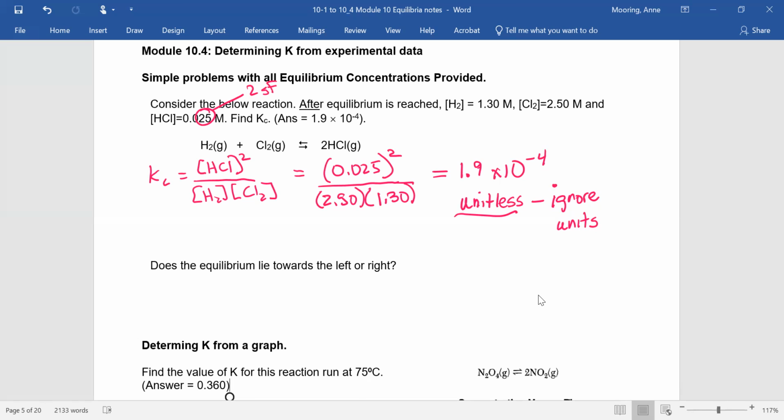Now here's the next question. Does the equilibrium lie towards the left or the right? Okay, so does it favor reactants or products? And if we look at our value of K, K is much smaller than 1.